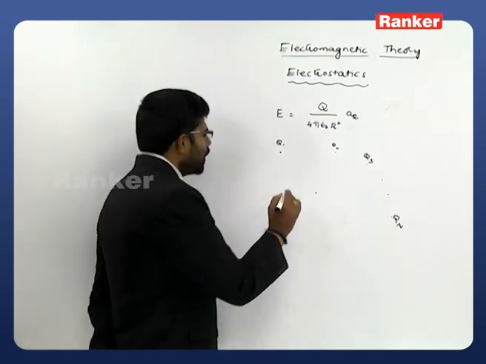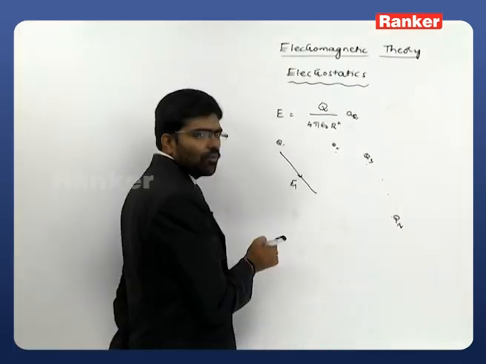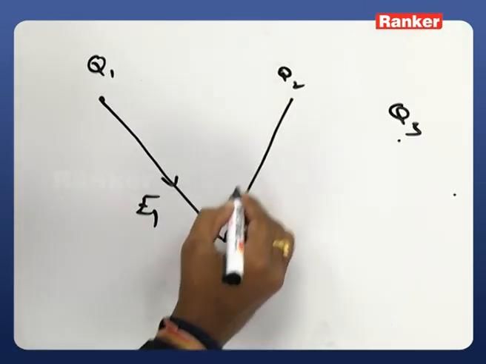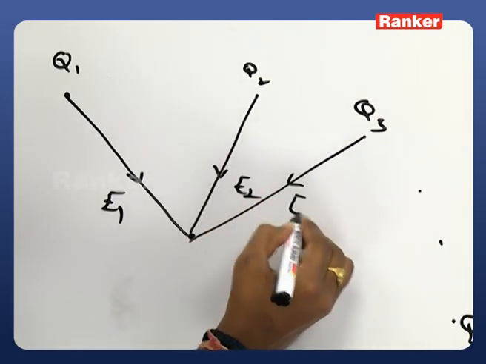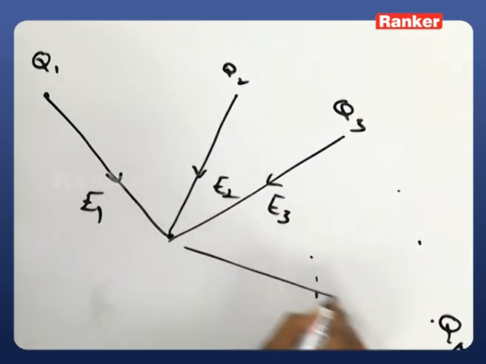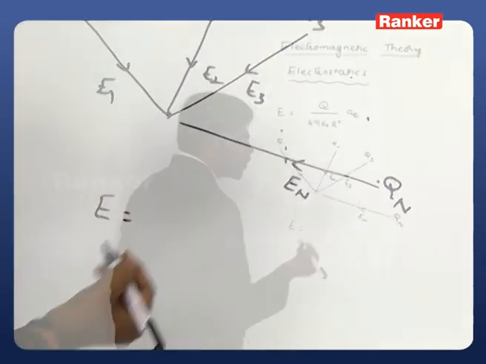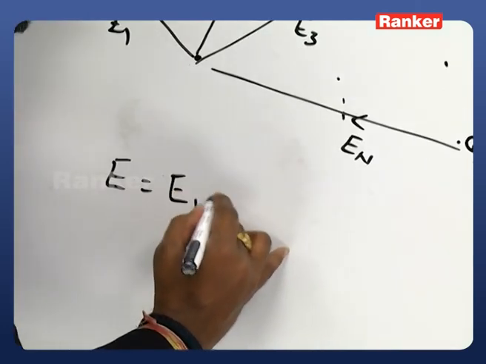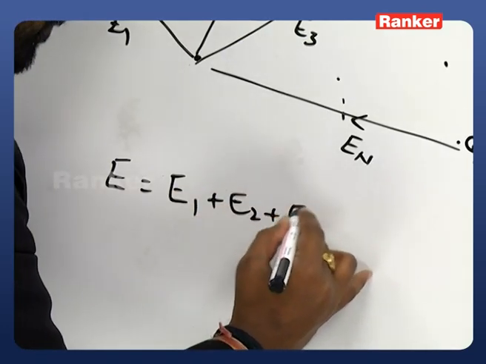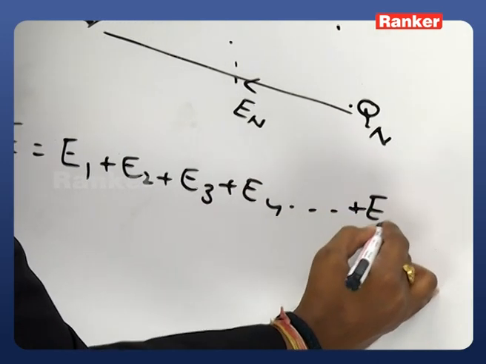We need to take the electric field intensity because of charge 1, E1, because of charge 2, E2, because of charge 3, E3, up to En. Add them, then that will be the total electric field intensity at this particular point. That is E is equals to E1 plus E2 plus E3 plus E4 and so on plus En.